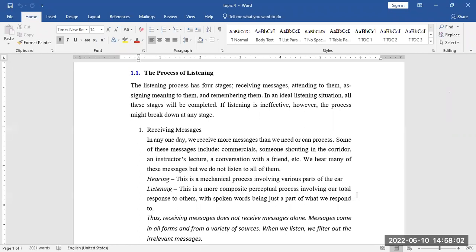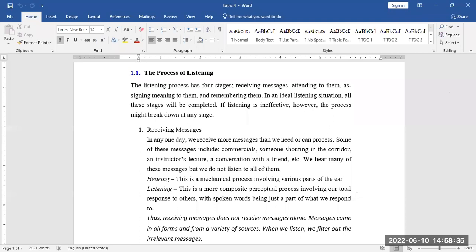Maybe you heard someone shouting along the corridor, or maybe when you are locating your class in the morning, those who are in the main campus, you could hear a lecturer giving instructions to the students, or maybe you heard some people having a conversation in a matatu, and so on and so forth. So we hear a lot of messages, but we cannot listen to all of them.